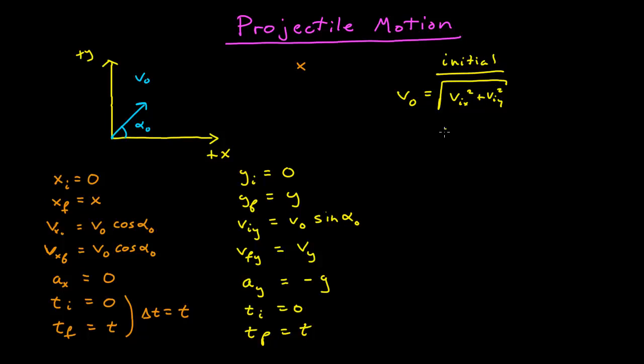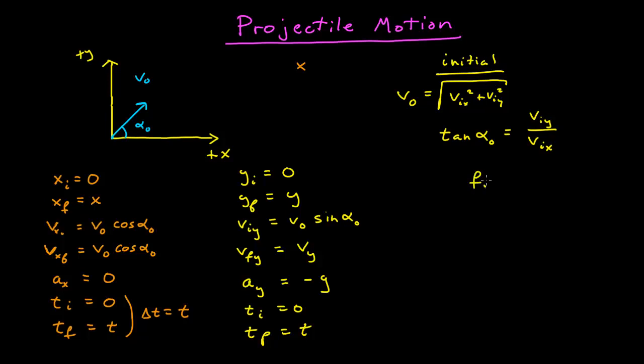We can also relate our angle: tangent of alpha naught is equal to the initial y over the initial x. That is a way to relate some of our parameters initially.